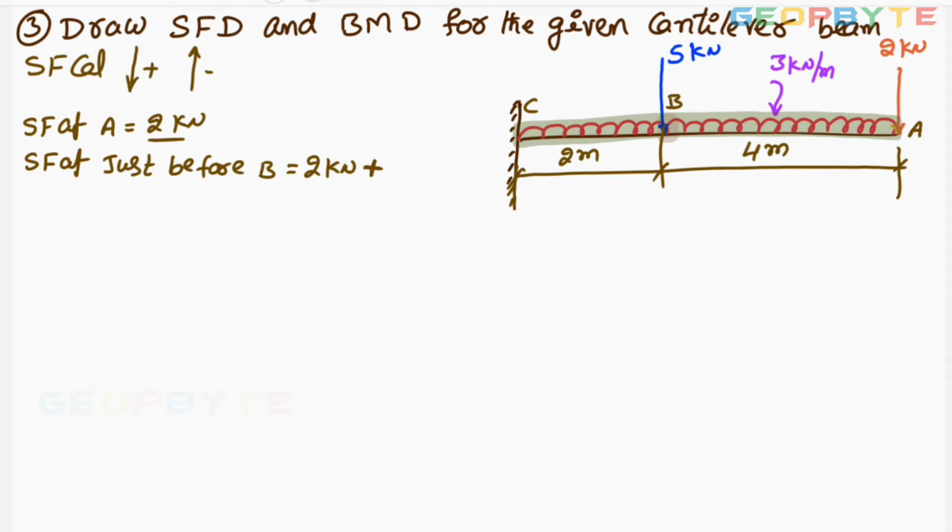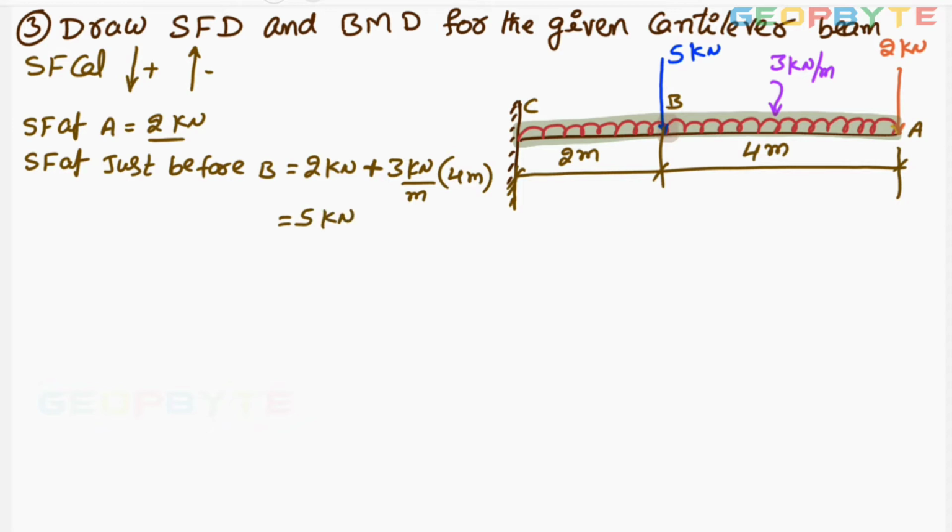How do you convert the UDL to a point load? By multiplying UDL with UDL distance. Here UDL is 3 kilonewton per meter and distance is 4 meters. Now look at the units, meter cancelled, finally 3 into 4, so 12 kilonewtons.